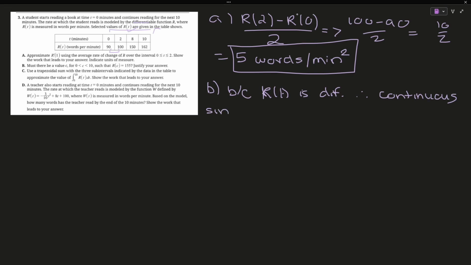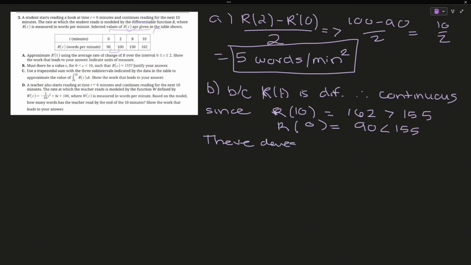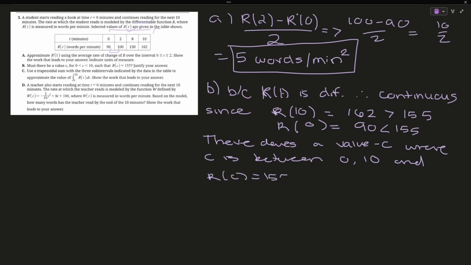And since r of 10 equals 162, which is greater than 155, and r of 0 equals 90, which is less than 155, there does exist a c value, or a value c, where c is between 0 and 10, and r of c equals 155.